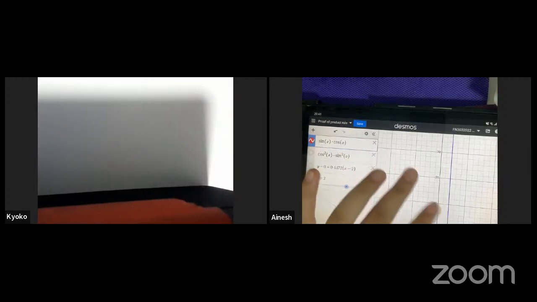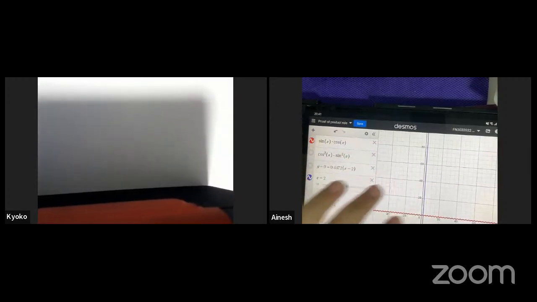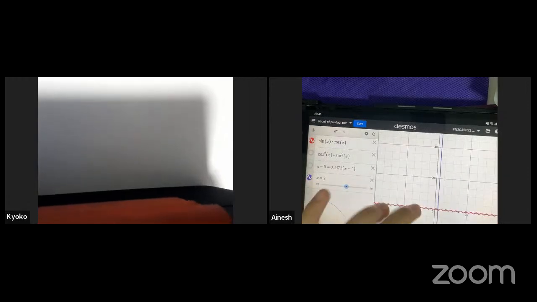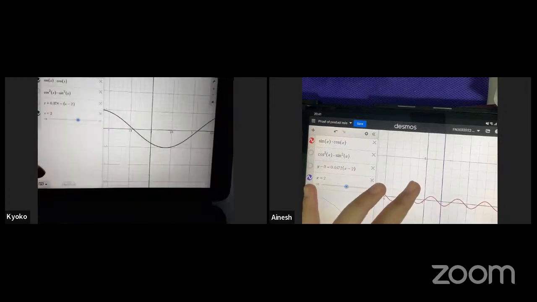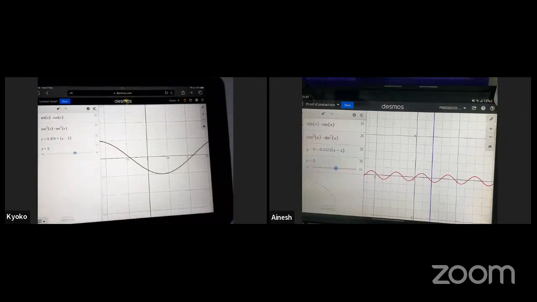Right. Now, make the original graph appear, Ainesh, and make the x equals to 2 also appear, please. Wonderful. Yes, correct. And then I think you have to zoom in or zoom out a little bit to make the graph show. Find the graph. So shift it and make it bigger, much bigger. Let's focus on the point that we're interested in.